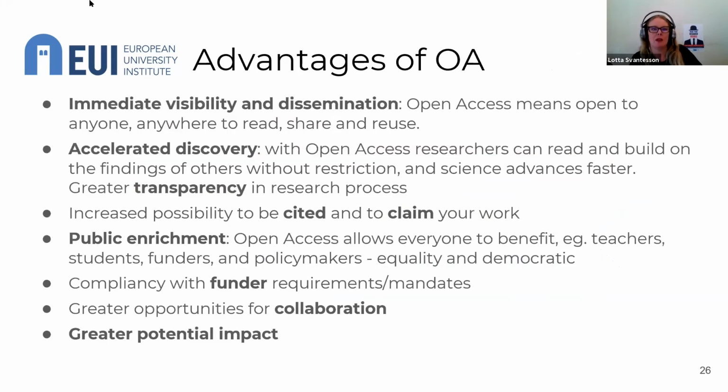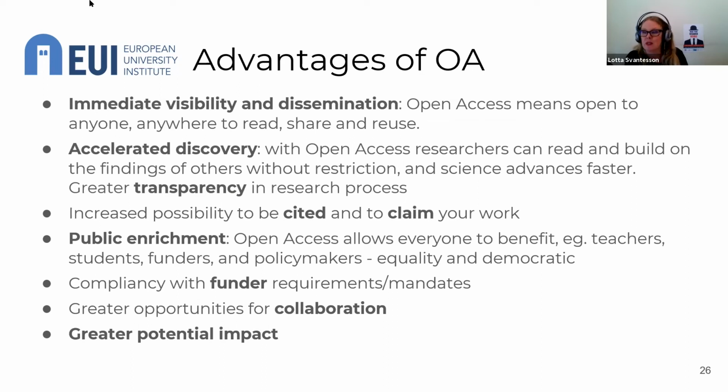Okay, so some advantages of open access. You will recognize many aspects that Simone has mentioned already, I think. It creates immediate visibility and dissemination. It accelerates discoverability, and it offers greater transparency in the whole research process.